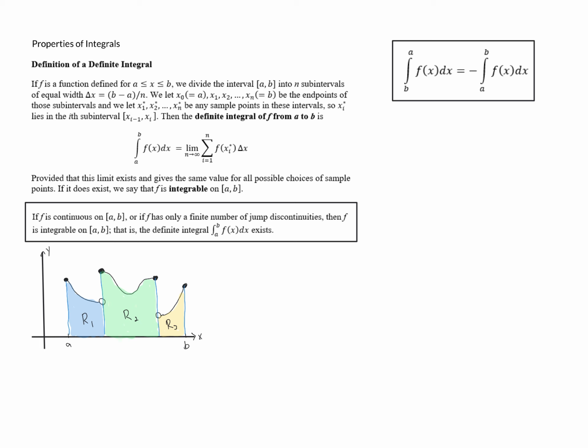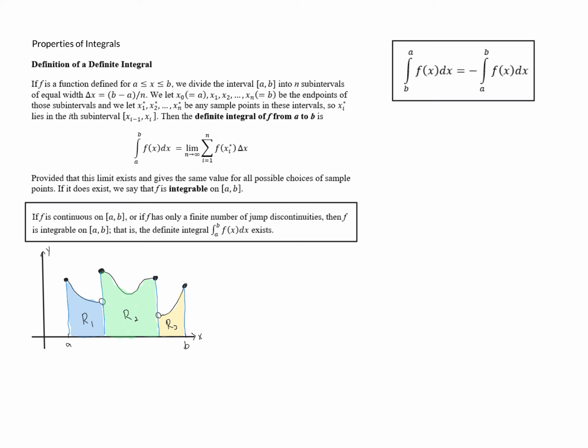We've looked at integrals from a to b, and we usually had a on the left side and b on the right side, so we were integrating heading to the right. If you were to switch those and go from right to left, that ends up giving you the opposite of the integral that you had already done. Basically, if you're going in the opposite direction, you're going to end up getting an opposite integral.